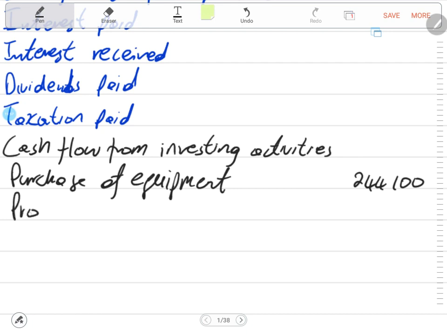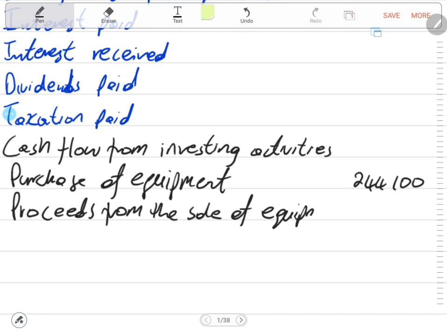So now from this 65,000 rands, remember we sold an asset and we received money from the sale of this asset. Therefore, this will be called proceeds from the sale of equipment. Proceeds is the selling price, 65,000 rands. I forgot to put the purchase in brackets: when we buy, cash goes out of the organization, which indicates an outflow of cash, so it becomes negative.